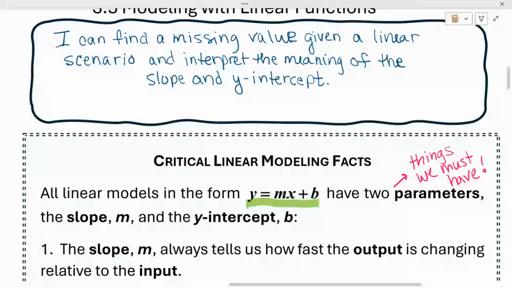So the two parameters are slope, that's your m, and the y-intercept, that is your b.